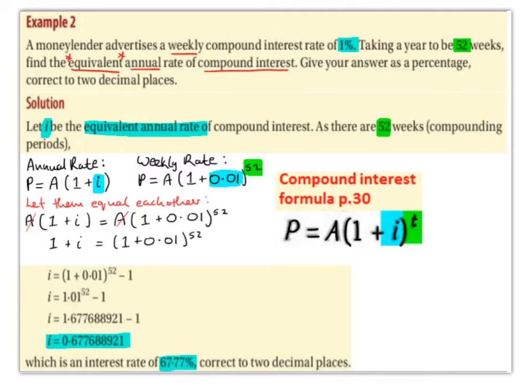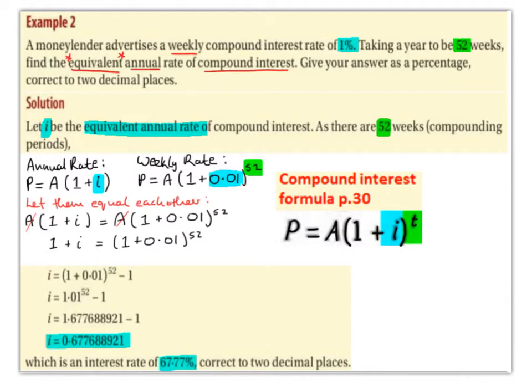So again, because the question has mentioned equivalent and compound interest, we know we can use our compound interest formula, which is on page 30 of the formula book. So we're going to let I be the equivalent annual rate of compound interest. And as there are 52 weeks, there are 52 compounding periods in a year.